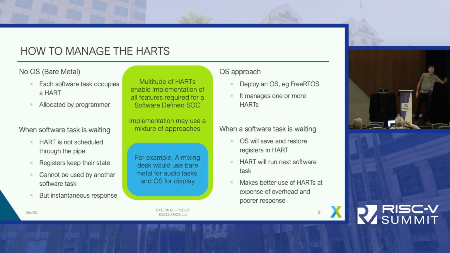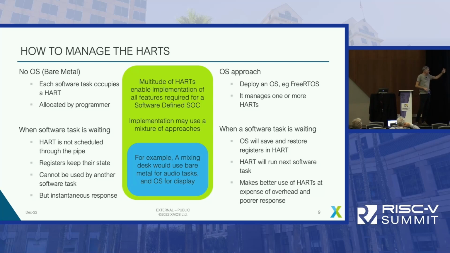On the other hand, you can use the operating system approach. And the OS approach means you deploy an OS, something like FreeRTOS, but it could be any OS that is small enough to sit in our memory. And it manages all harts, one hart, however many harts you would like to allocate to that operating system.